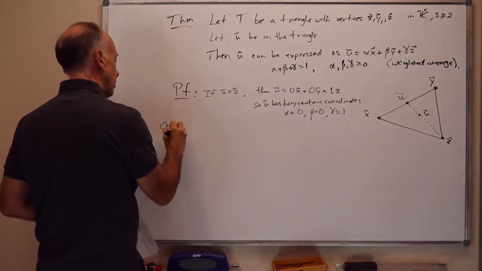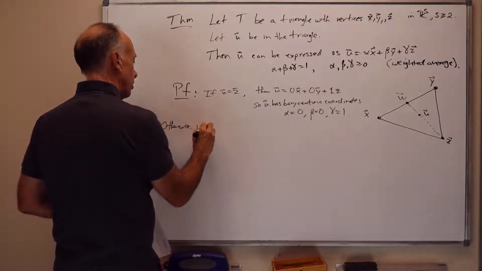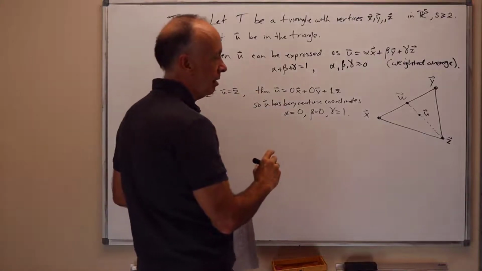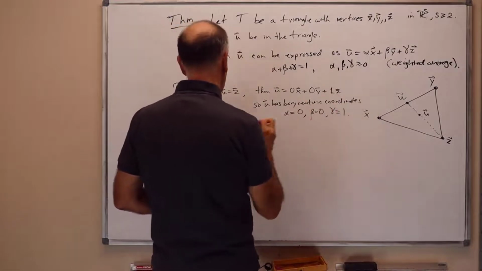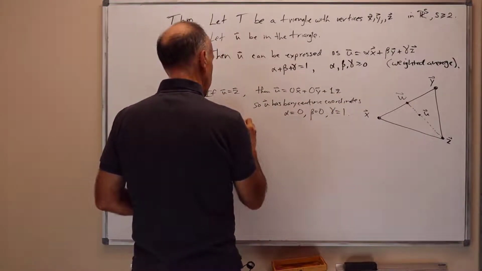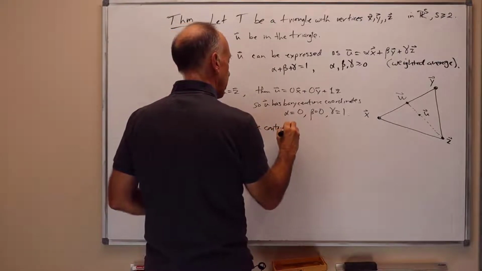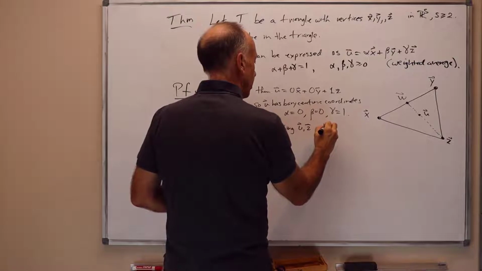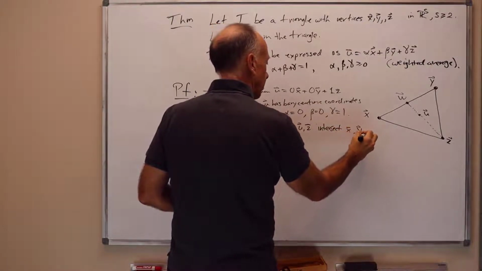Otherwise, we assume U is not equal to Z. We form the line containing U and Z, and we let it intersect x, y at W.